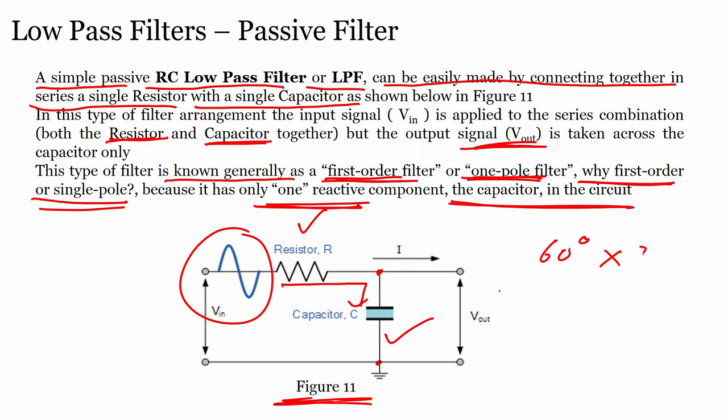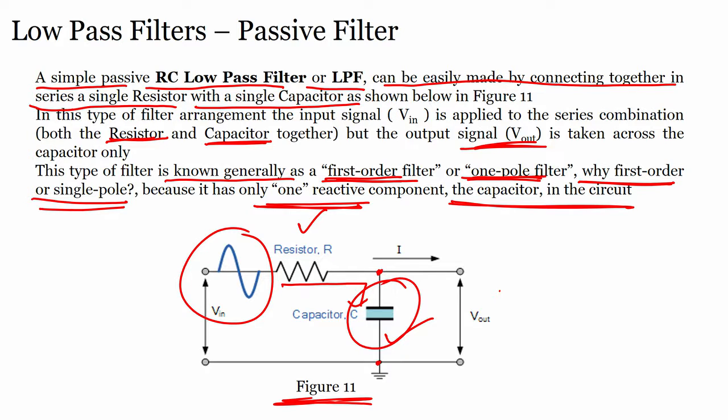So, with 3 RC we got 180 degrees of phase shift as the feedback circuit of the oscillator. Here we are looking at 1 R and 1 C, with only one reactive component, that is why we call this filter a one pole filter or first order filter.